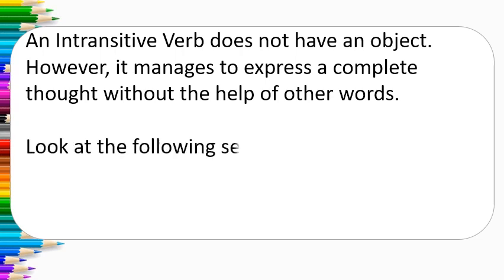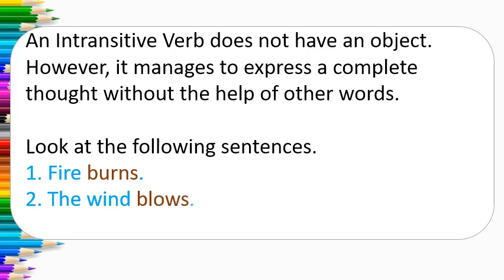Look at the following sentences. Number 1, fire burns. Number 2, the wind blows. Number 3, birds fly. As you can see, burns, blows and fly are all intransitive verbs, because an intransitive verb does not have an object. There is no object after it, and it manages to express a complete thought without the help of an object.